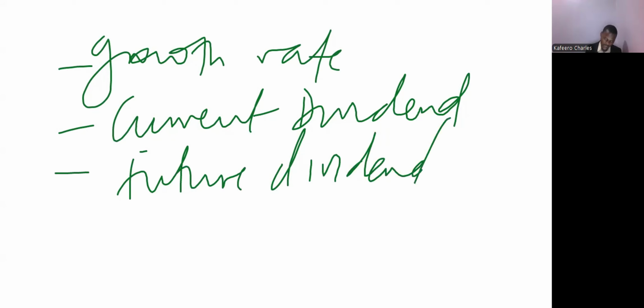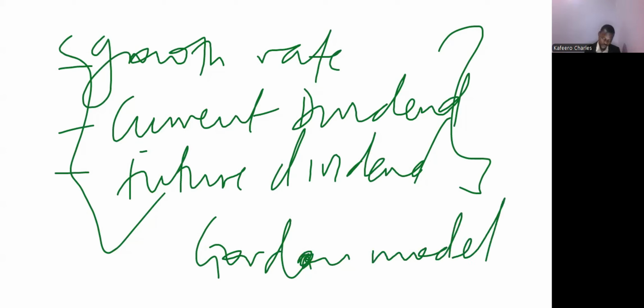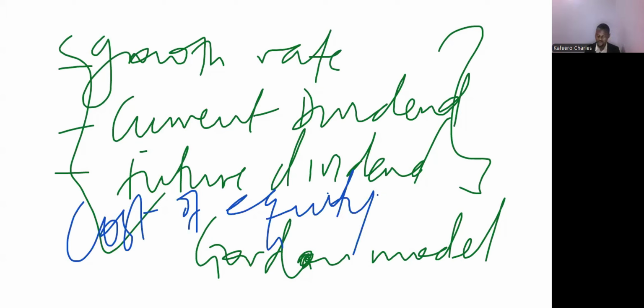If you have this with you, then you will be able to do any question that requires you to use the Gordon model for computing the cost of equity. So we are done with the cost of equity.